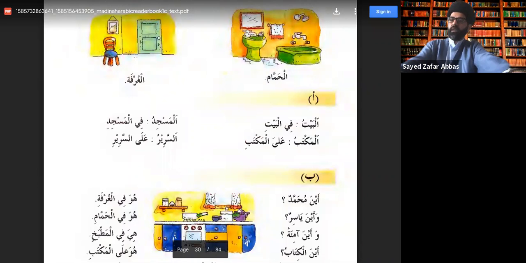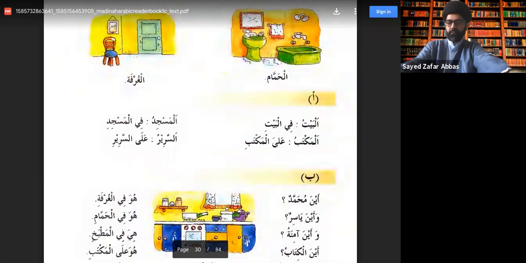And when we put fi in front of it, now it will become fil bayti. So al-baytu became fil bayti. Al-masjidu, the masjid. Fil masjid, so in the house, and fil masjid, in the masjid.